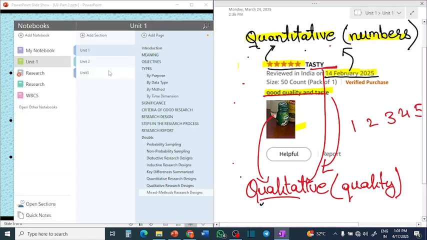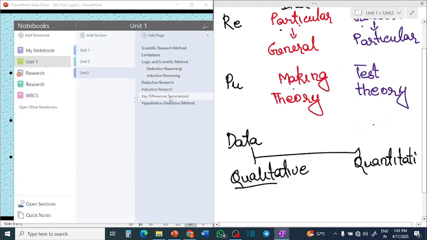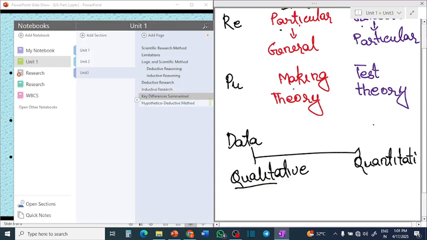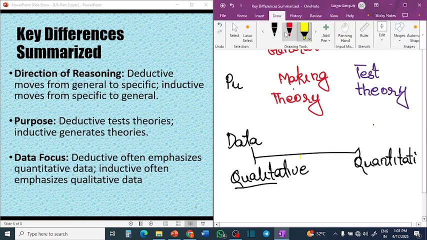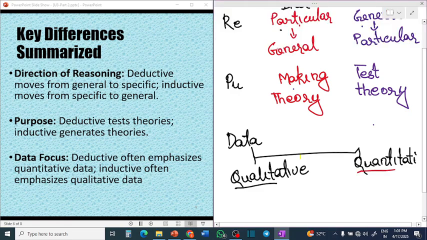Now we will move on to our topic, key differences. As you have understood the differences between qualitative and quantitative data, whenever the data is qualitative type, usually, not whenever, you can have mixed method research also, in which you will use both the types of data.